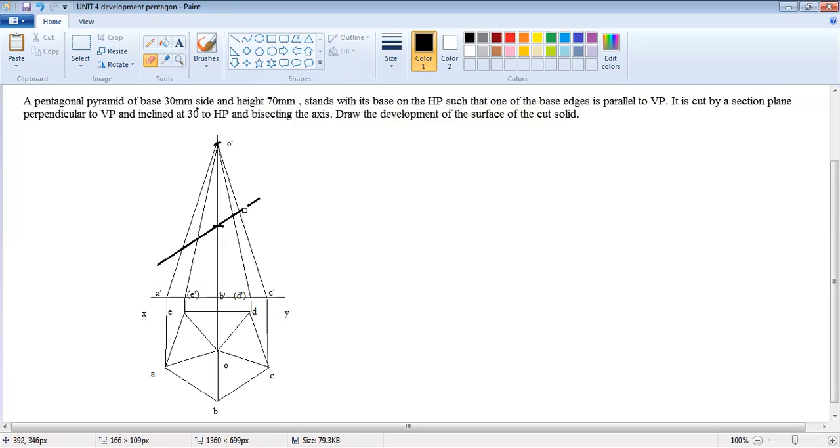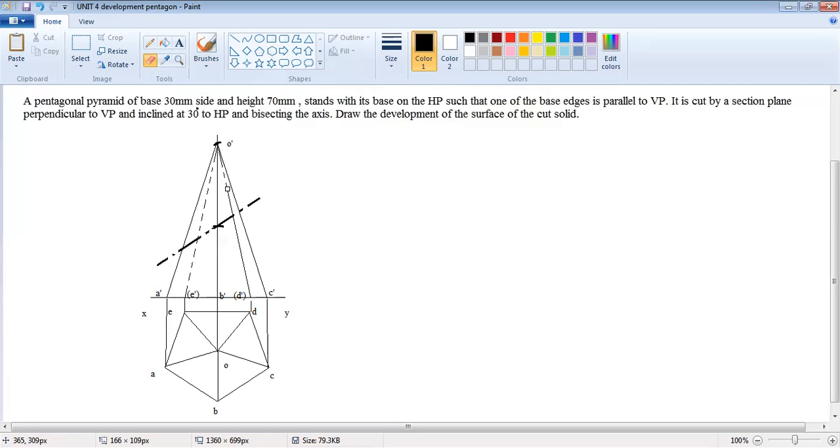For the cutting plane, we start like this. This is also an invisible edge, so we have to put it in hidden lines or dotted lines like this. This one is also hidden, and this one is also a hidden line.